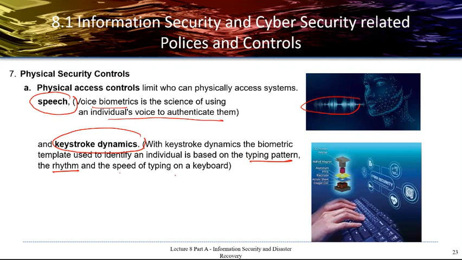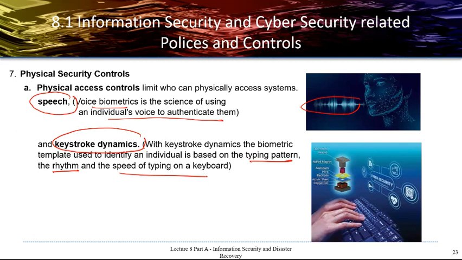It's very unique to you. If you're given a keyboard and asked to type, everyone types at different speeds, different levels, and a different way of pressing the key. Some use both hands, some type with one hand. So based on the typing pattern and rhythm, they can identify that's the right person who is accessing the system.